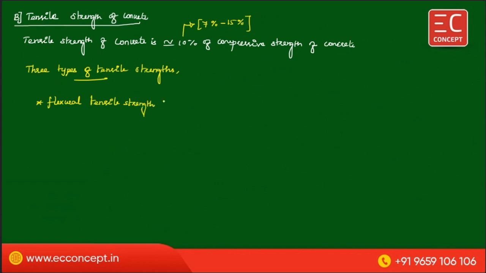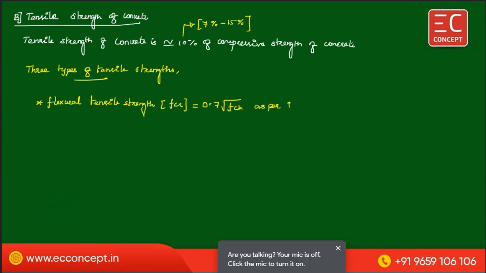Flexural tensile strength is denoted by the symbol FCR, which is equal to 0.7 root of FCK as per IS 456 2000. This is the one formula.